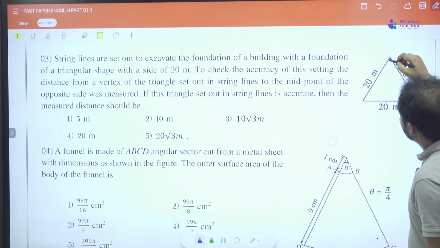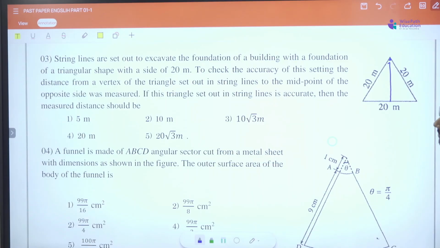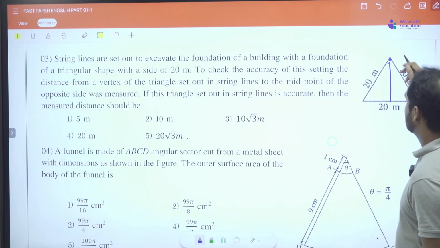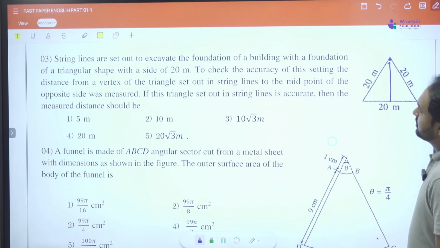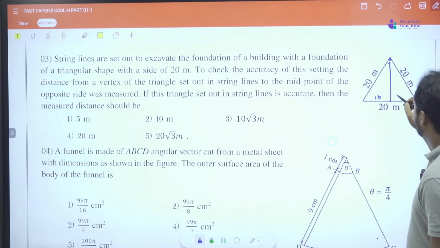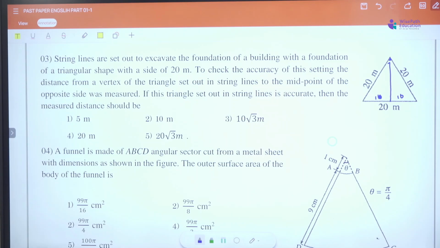That means a string is drawn from the apex to the opposite side, to check whether the triangle is symmetrical. The midpoint would make this 10. If this triangle set out in string lines is accurate, then what should the measured distance be? That is what is asked.